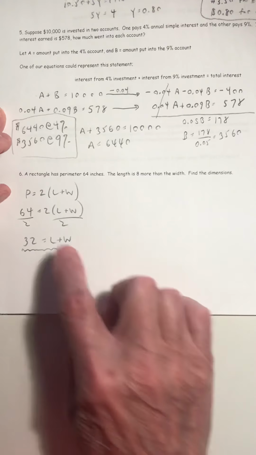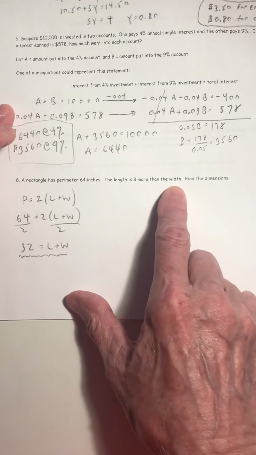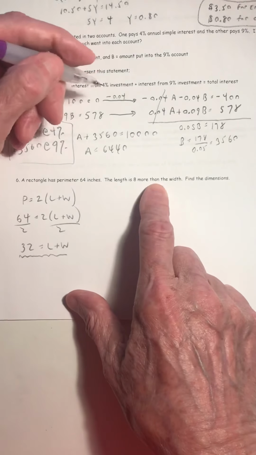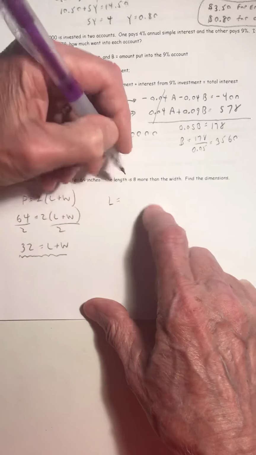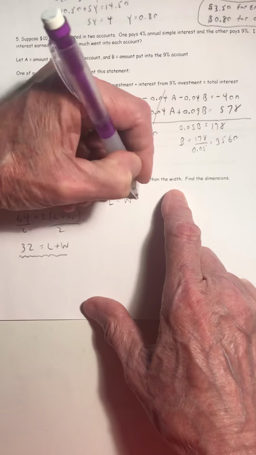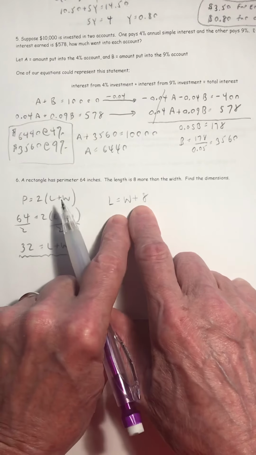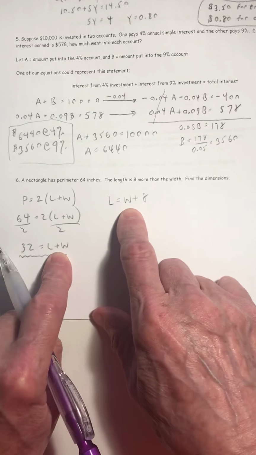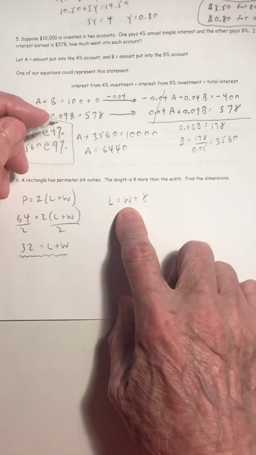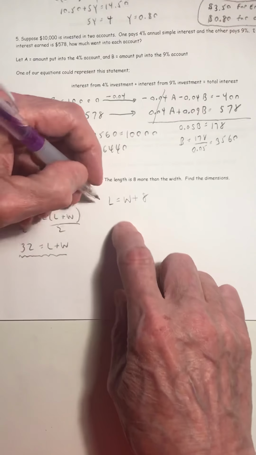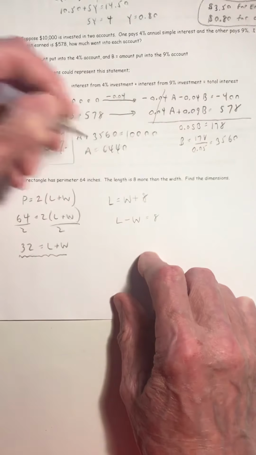Now I need another equation with L and W. I haven't read the rest of the question yet. The length is 8 more than the width. There's another equation with L and W. I need to put these two together to make a system. And if I just take away W from both sides of this, it'll say L minus W equals 8.